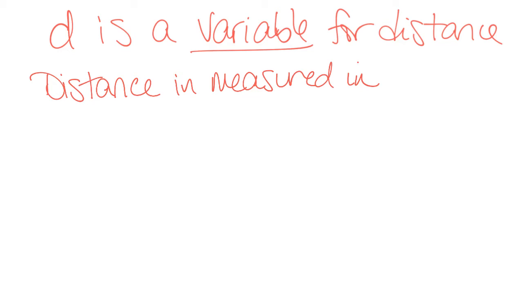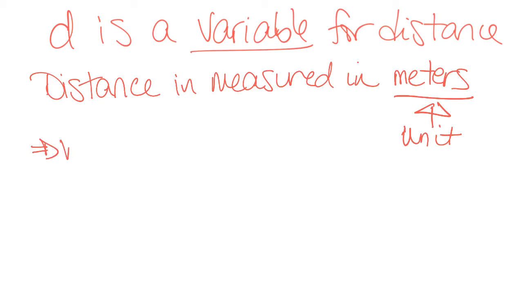But hopefully you know about the metric system, okay? And we are going to talk about it in meters, okay? And so meters is what we call a unit, all right?